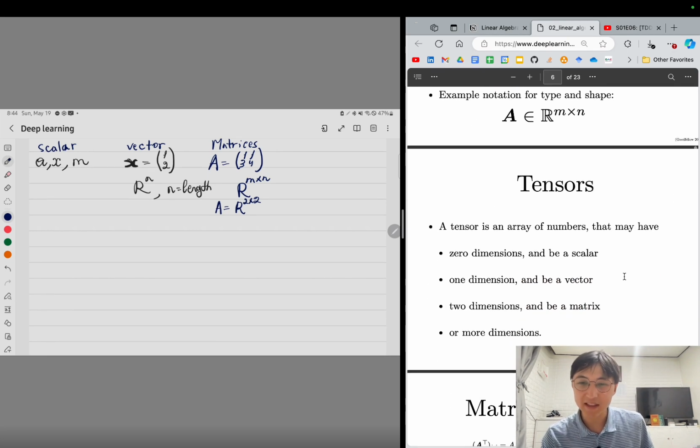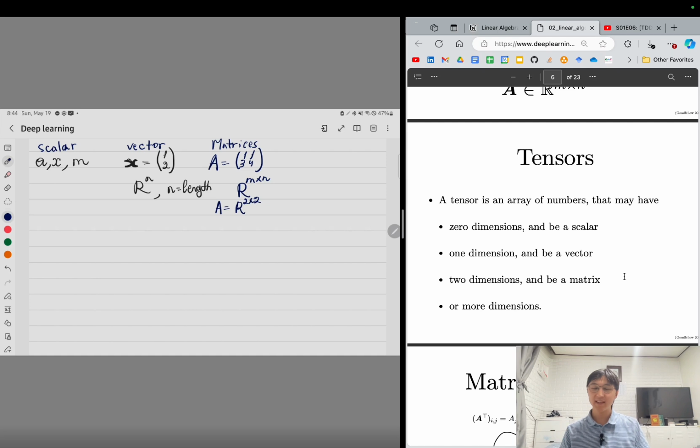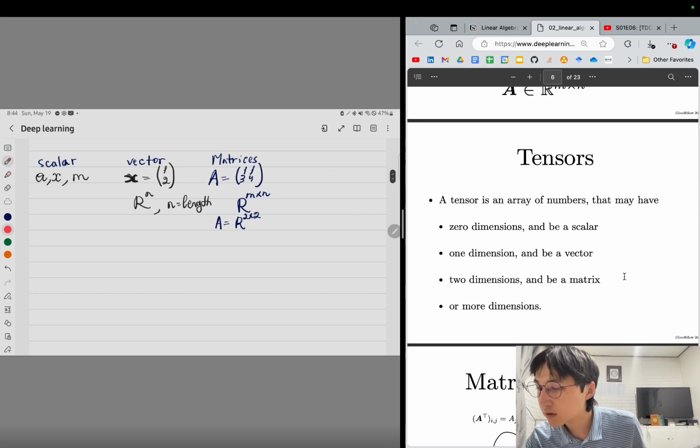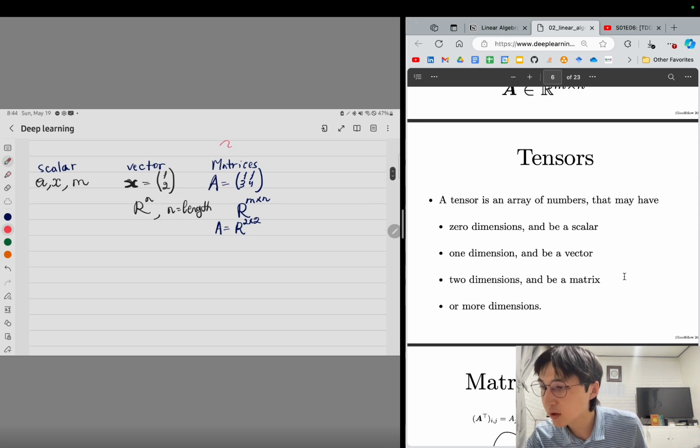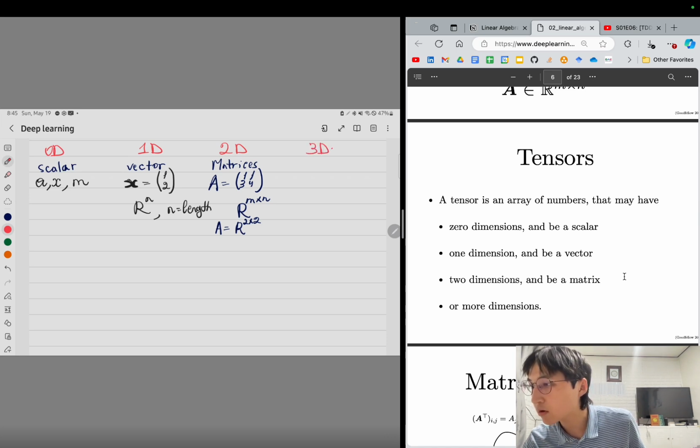And then the next term is tensors. I'm sure that you have heard about tensors in PyTorch, in TensorFlow, and other places. Tensors are used for higher dimensions. Matrices deal with 2D, vectors deal with 1D, scalars deal with 0D, and tensors can deal with 3D and more.